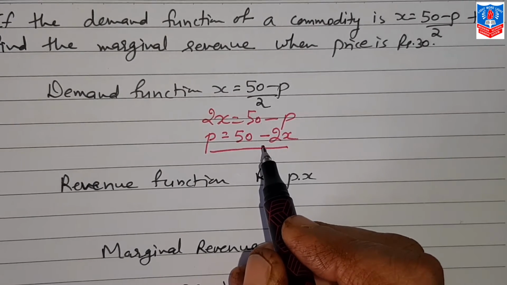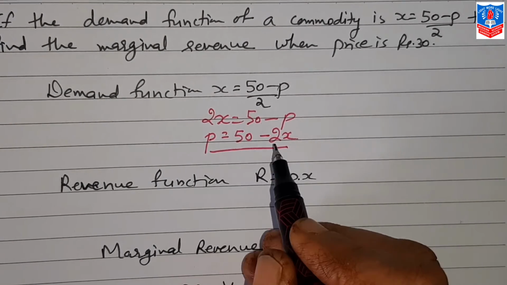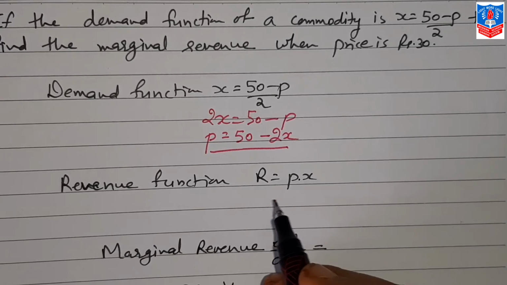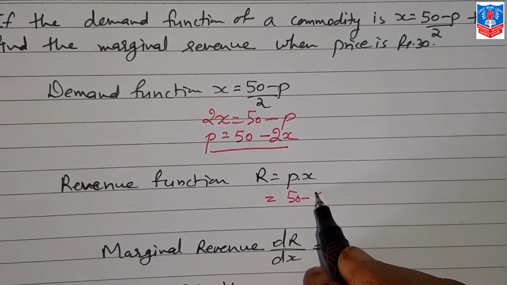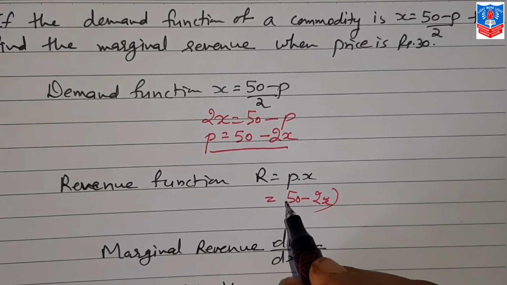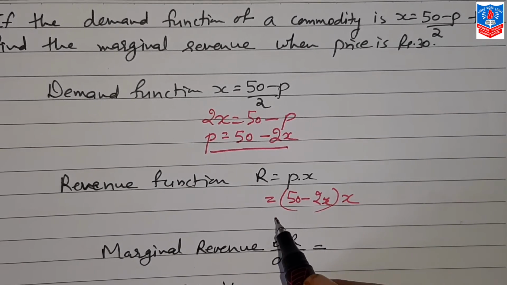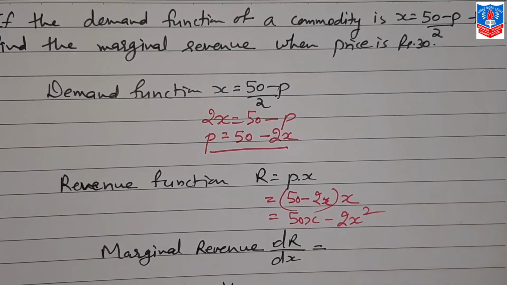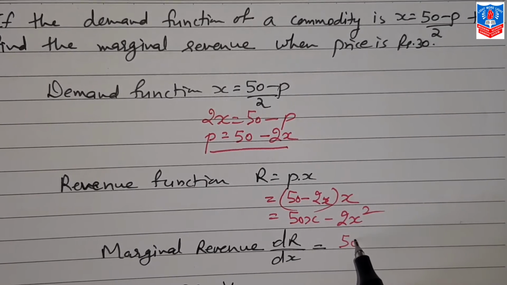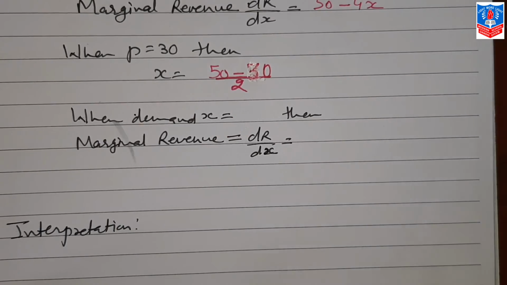Always keep this in mind, it should be P equal to. Now we put in this value of P, and 50 minus 2X into X will be 50X minus 2X square. The marginal revenue of this will be 50 minus 4X.